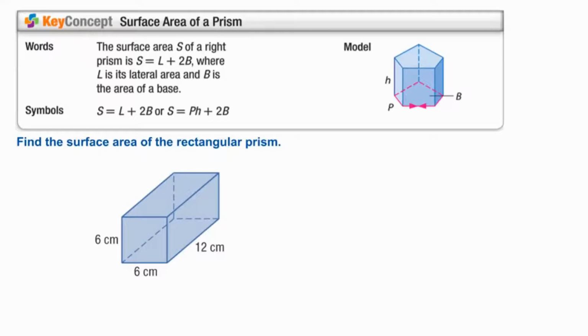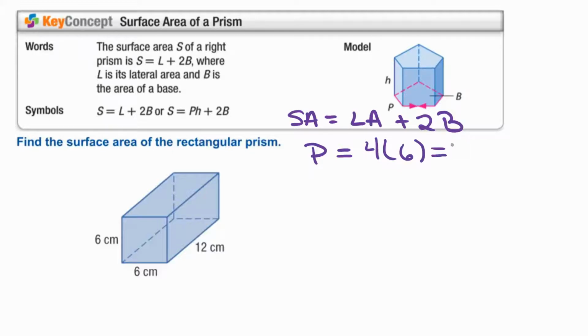The surface area of a prism would include all the sides and the bases. So the surface area would equal the lateral area plus 2 times the base. Looking at the first problem, we want to find the surface area of the rectangular prism. The perimeter of the base would be 4 times 6. 4 sides, each of the sides is 6 centimeters long, so that would give us 24 centimeters.